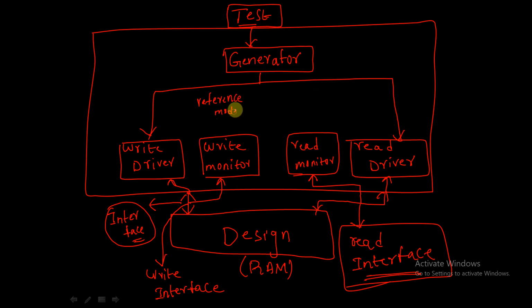We have one more component which is known as scoreboard. So this scoreboard is connected to our read monitor and it is also connected to this reference model, and this reference model is connected to our write monitor, and all the components are instantiated inside another module which is known as environment.